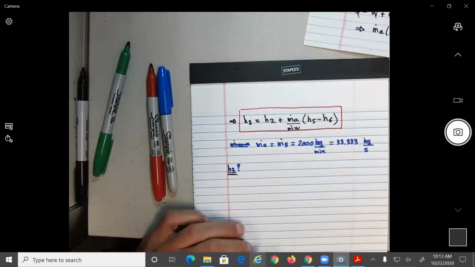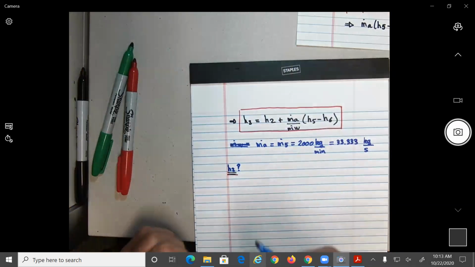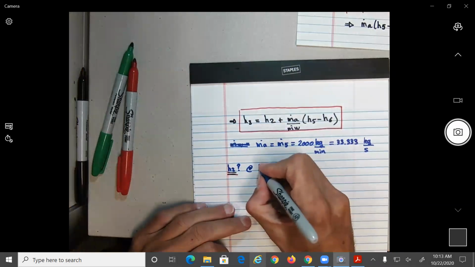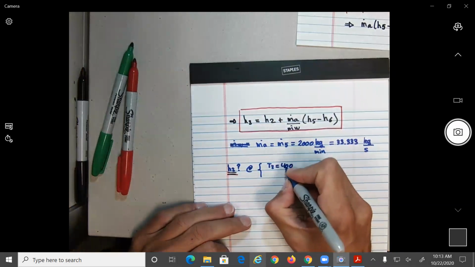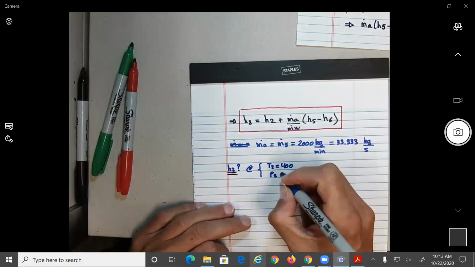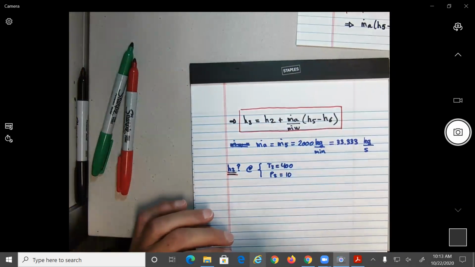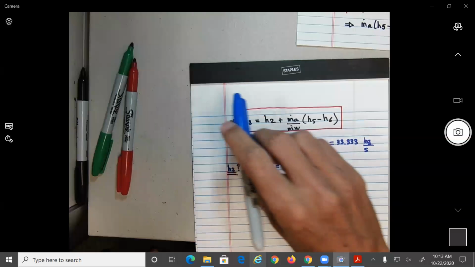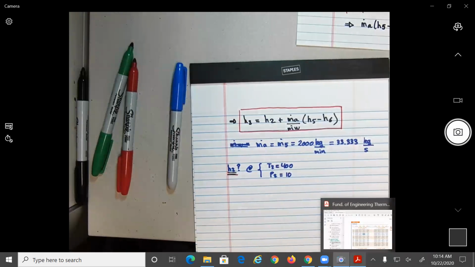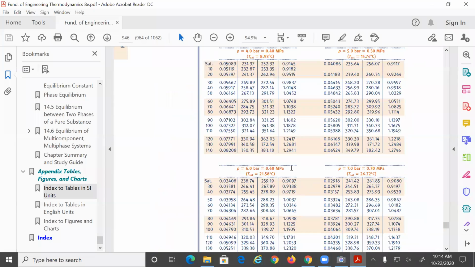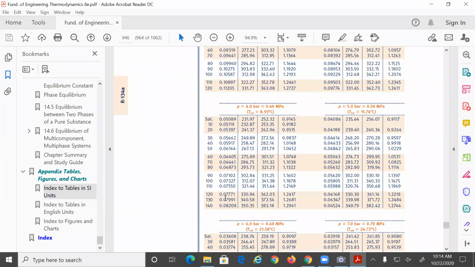So for H2, we know that T2 equals 400 and P2 equals 10. So let's see, what is the table we need to use over here? Probably it's table A2, A3, one of those.